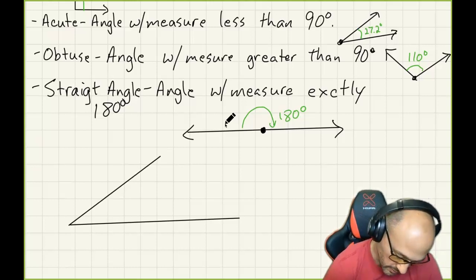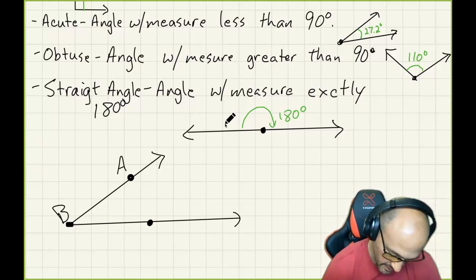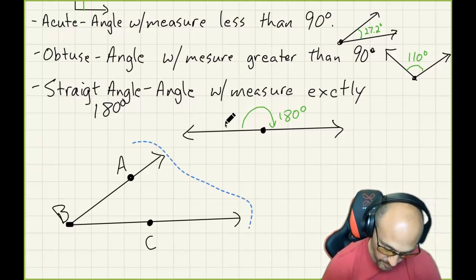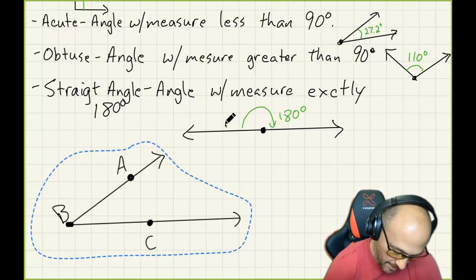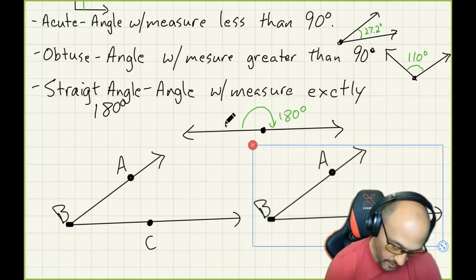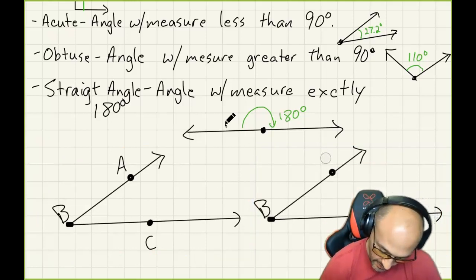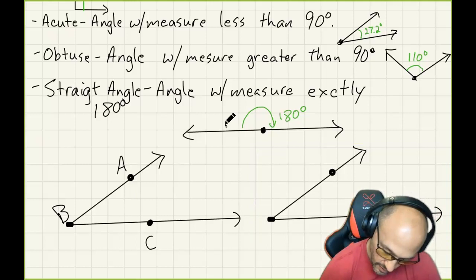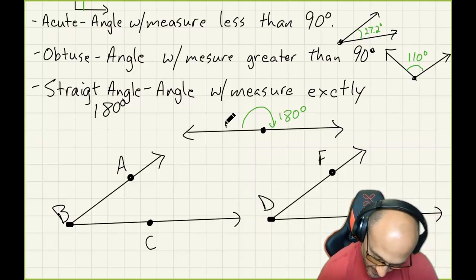And so if this is angle ABC, and let's say that I used my compass and straight edge to copy this, and I copied it right there, only I named it FDE.